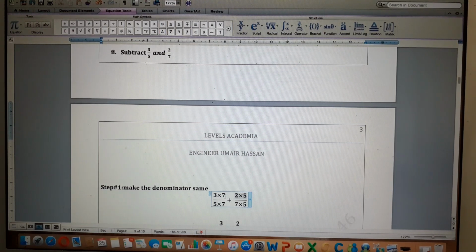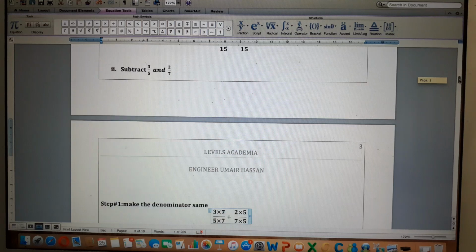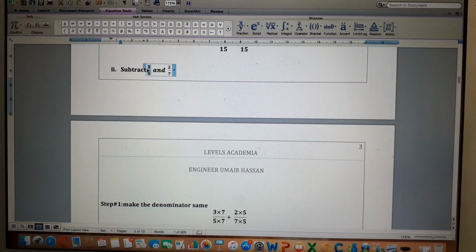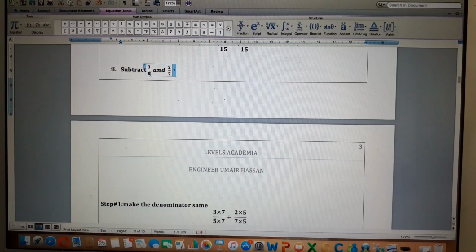Now this 7 is basically the denominator of which fraction? We have to observe it very carefully. 7 was the denominator of the second fraction, and I have multiplied 7 with both the numerator and denominator of the first fraction, while 5 was the denominator of the first fraction, and I will multiply 5 with both the numerator and denominator of my second fraction.